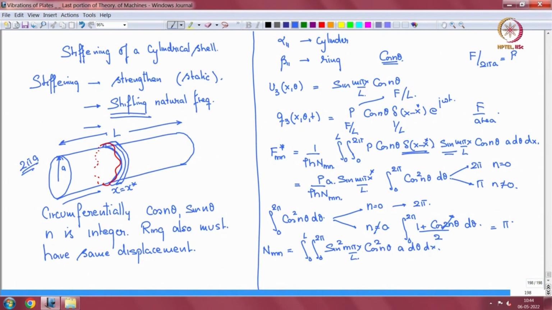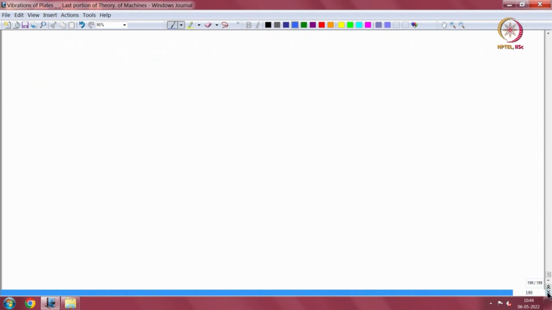So, we have Nmn equal to integral 0 to L 1 minus cos twice pi mx by L by 2, integral 0 to 2 pi 1 plus cos 2n theta by 2 a.